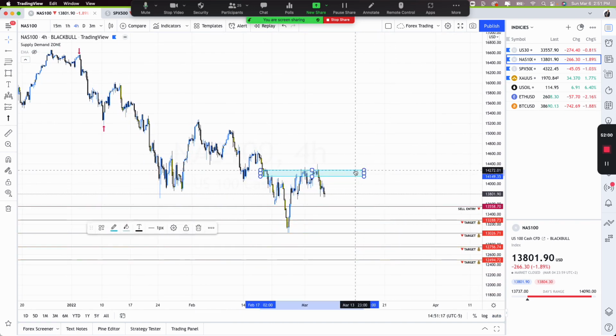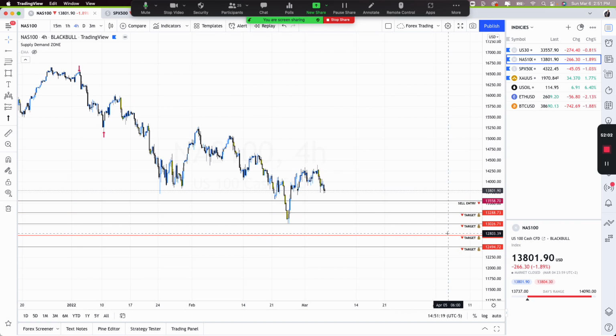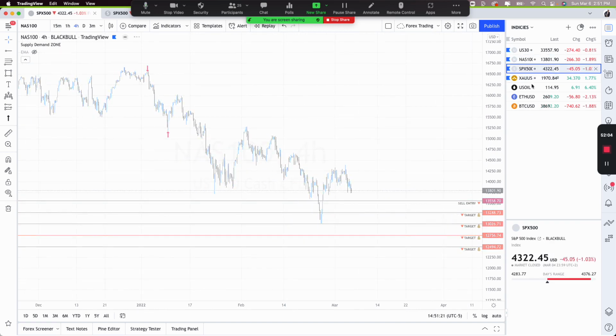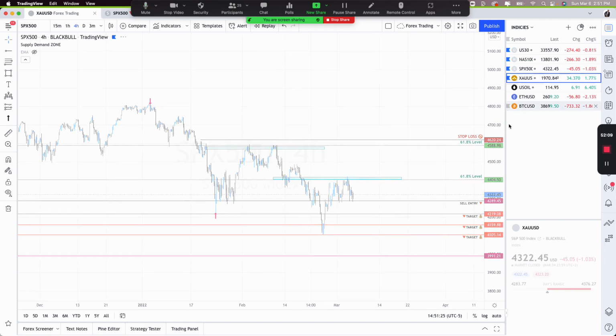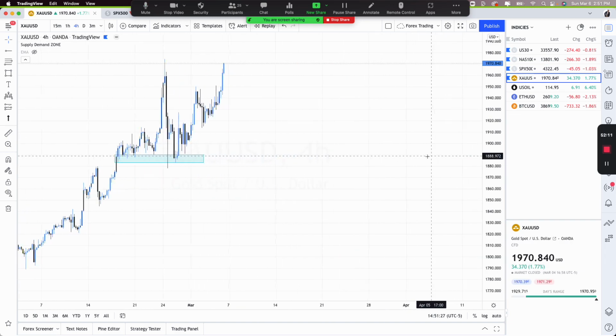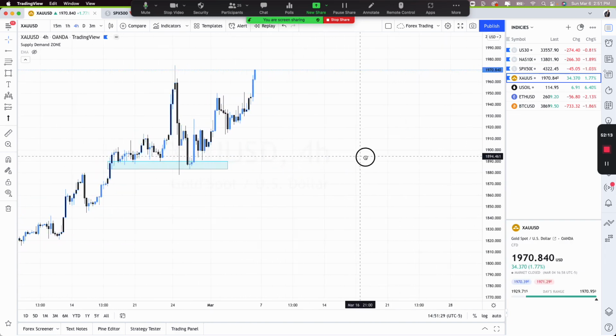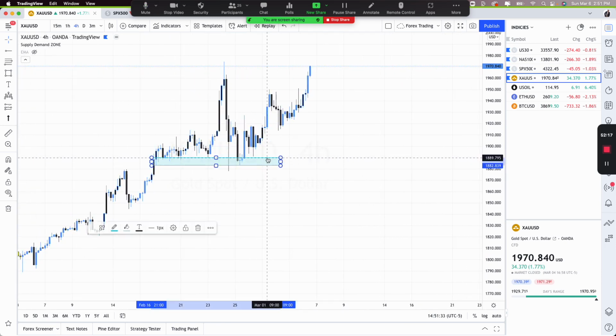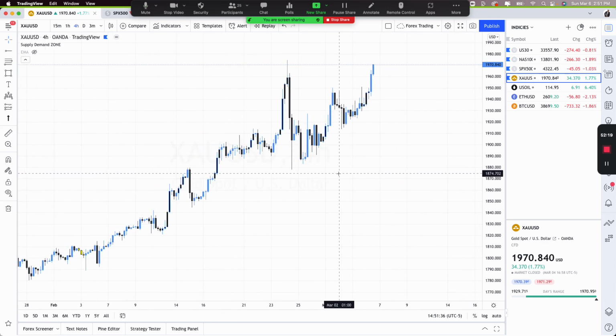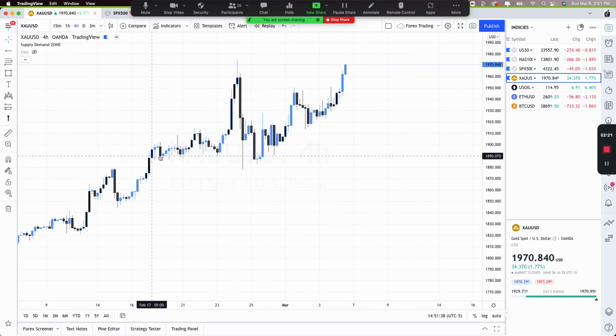So here we are. This potential sale on NAS. I already have SPX marked up. Gold. Watch this. See all of these wicks in activity? Demand.